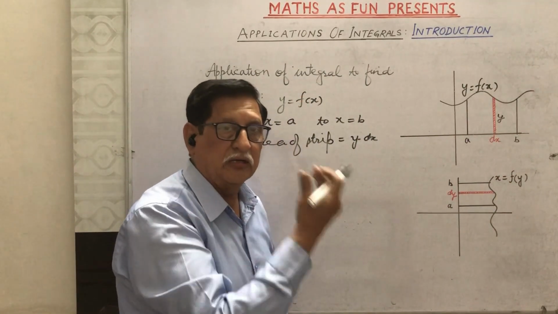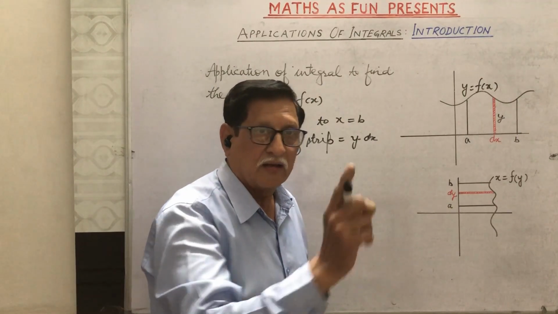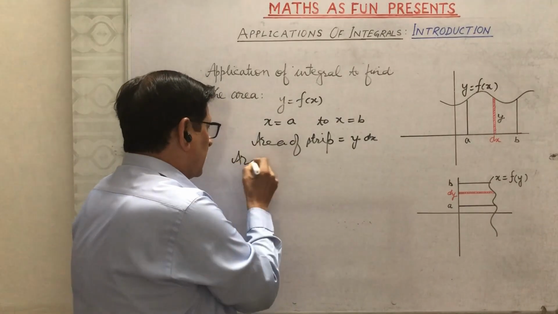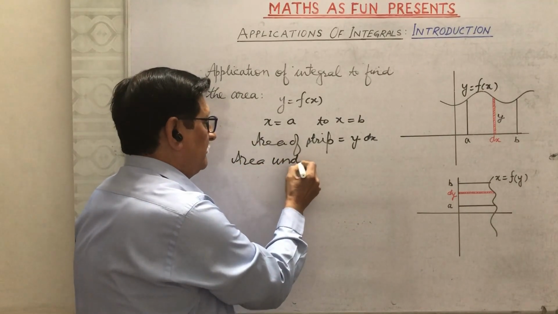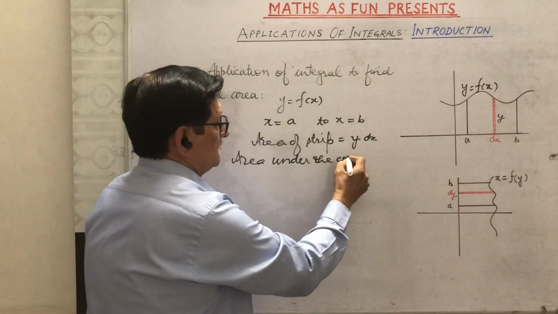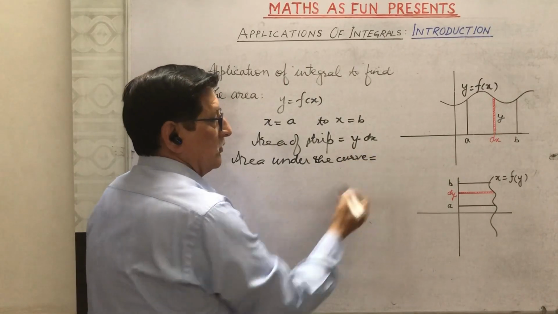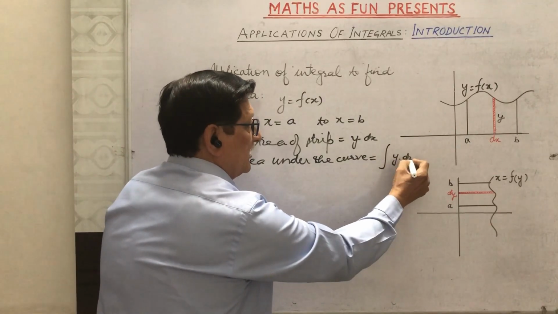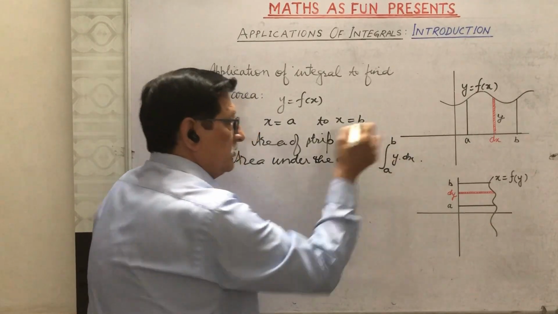It means we will integrate this from a to b, and hence we can say area under the curve is equal to integral y into dx from a to b.